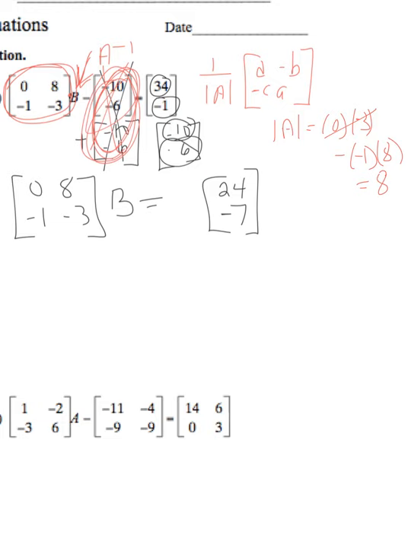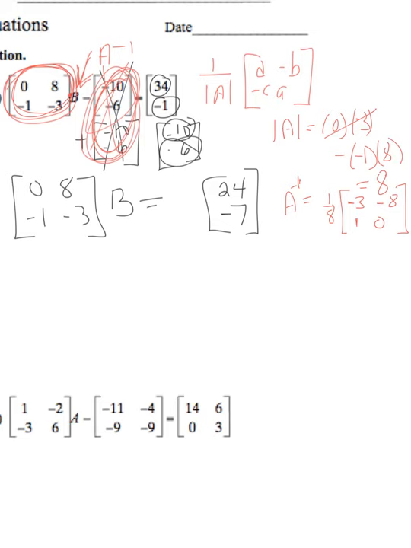So the inverse of this, I'm calling this the A, the inverse of that is 1 over 8 times the D number, so the 3 is going to come up here, the A, which is the 0, is going to come down here, the 8 gets negated, and the negative 1 gets negated.